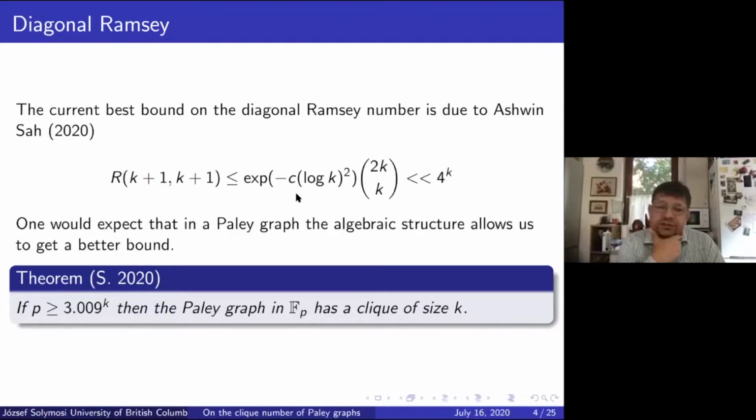For arbitrary graphs, the best bound is about 4 to the k. If n is larger than 4 to the k, then there is either a k-sized complete or a k-sized empty subgraph, right? And for Paley, at least it's something like 3. But I'm sure that it can be pushed down further.